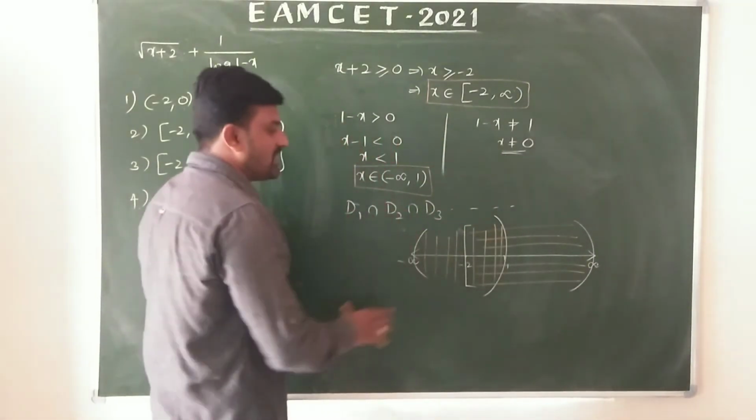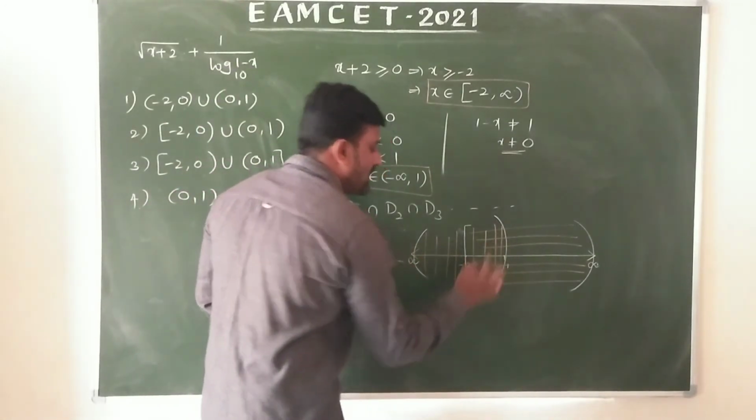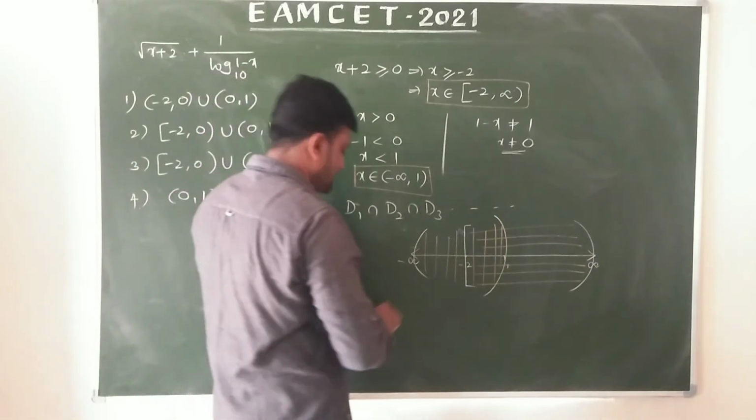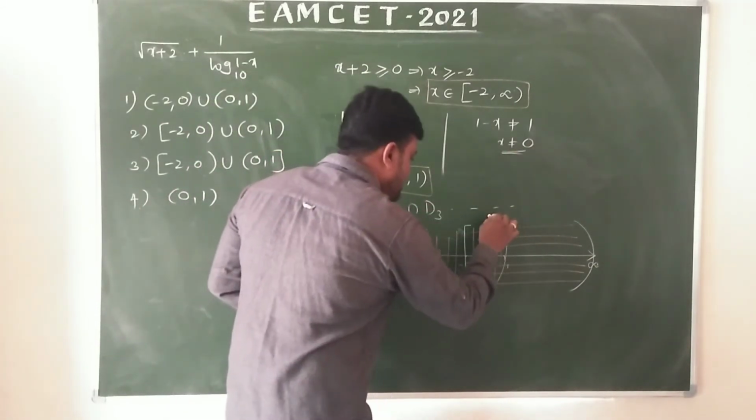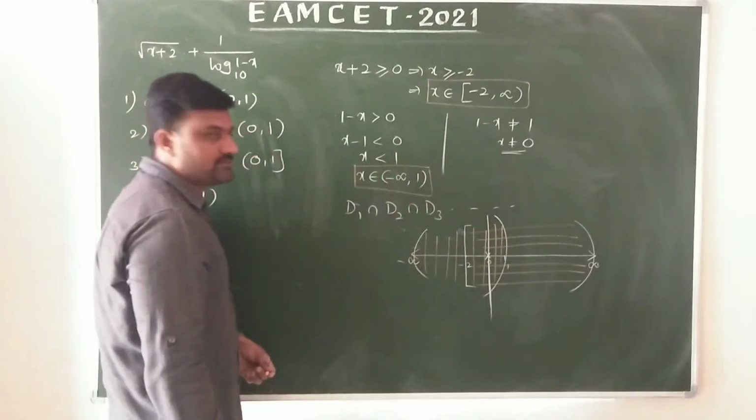Clearly observe, the common interval is our solution. The common interval is minus 2 comma 1 actually, but excluding 0. Suppose 0 is here, excluding the 0 value.